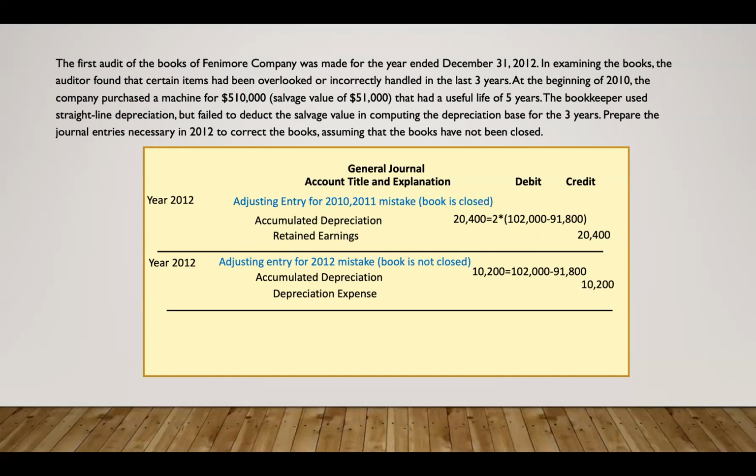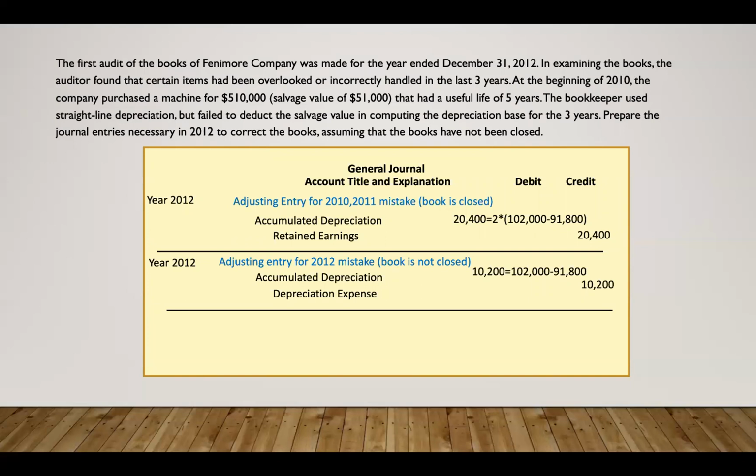So you're going to use retained earnings and one balance sheet account. Here we calculated the cumulative effect, which is the difference between 102,000 and 91,800, multiplied by 2, so the cumulative difference is 20,400.